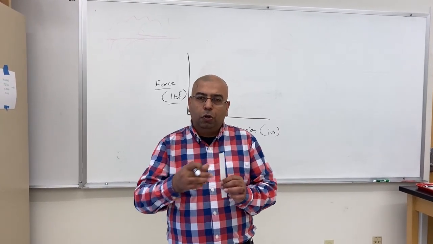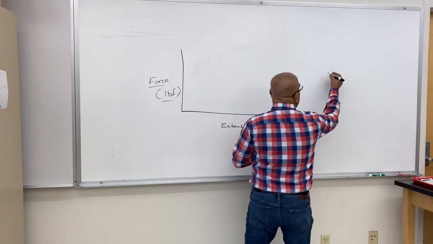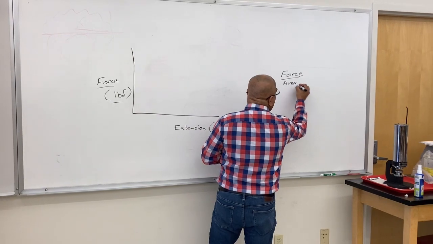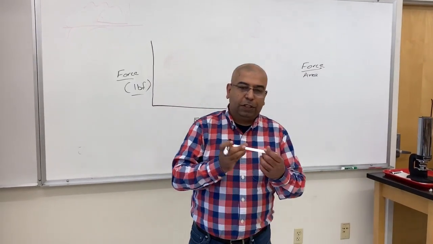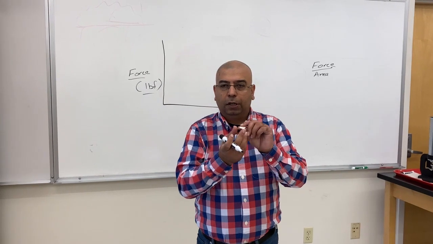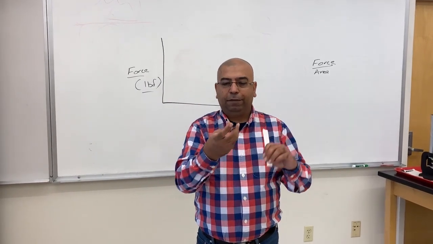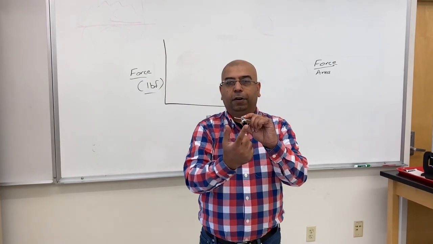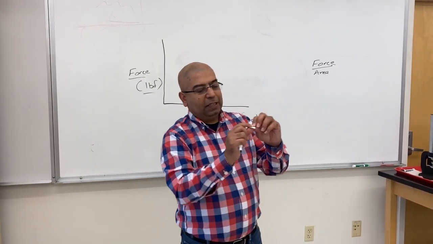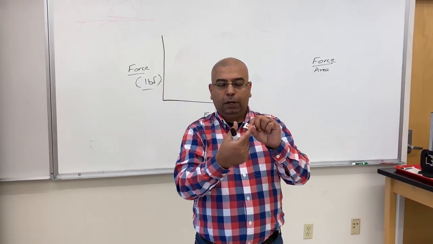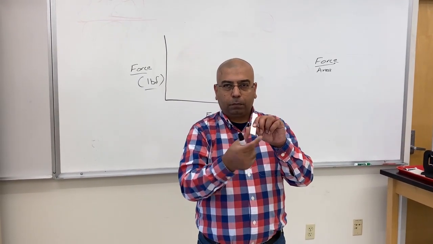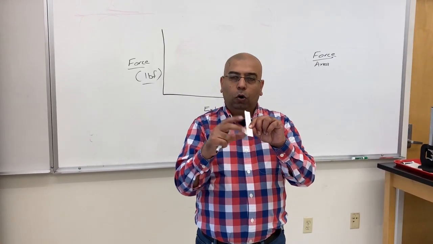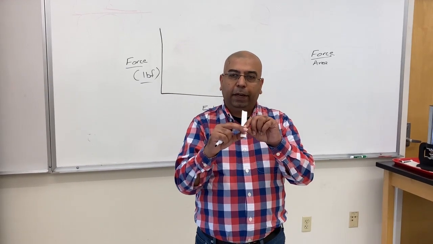So how do we normalize for force? Instead of force, we have force per unit area, and this area is the area of cross section. So what is the area of cross section? The cross section is right here. If I have this Sharpie, this circle, that's the cross sectional area right here. So in this case, if you have a strip cut like this, 1 inch wide, and the plastic that we just measured is almost 3 mil thick, right?